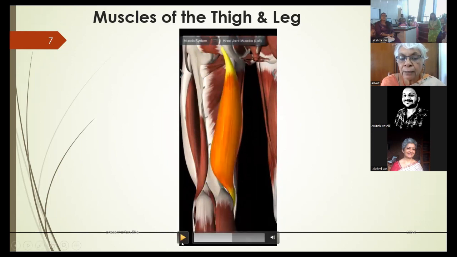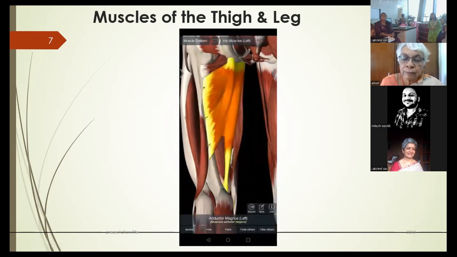Yes, I want, but I wanted people to see the adductor vis-a-vis the femur and semimembranosus. We see this in ultrasound. So it's to get oriented to this.